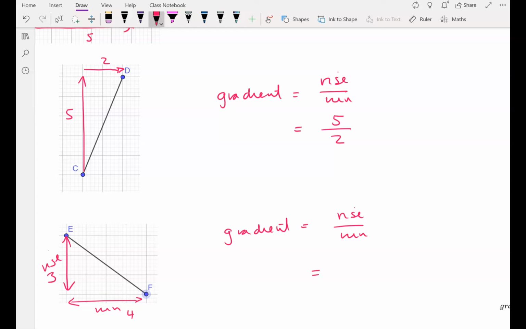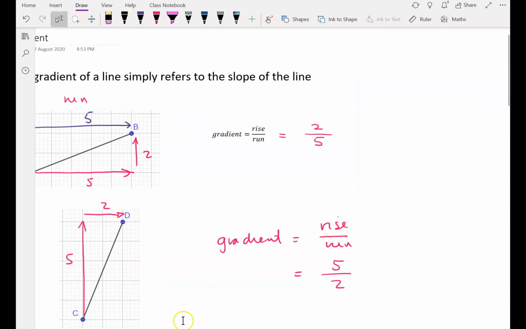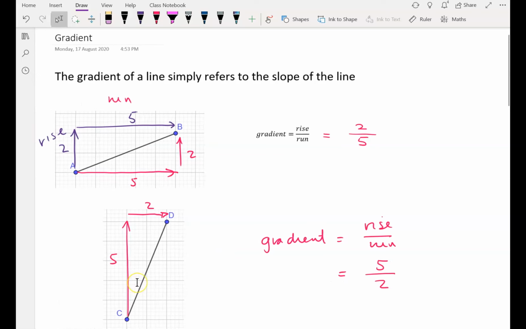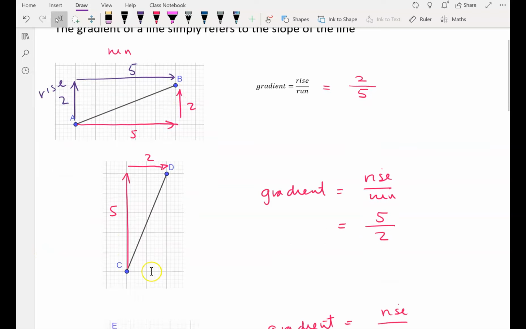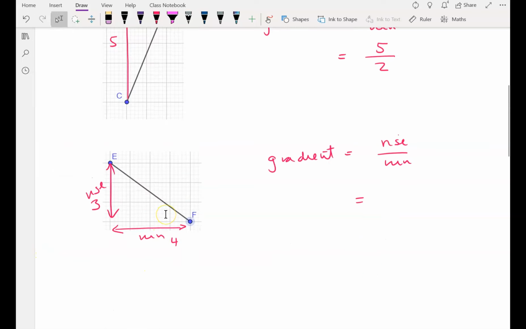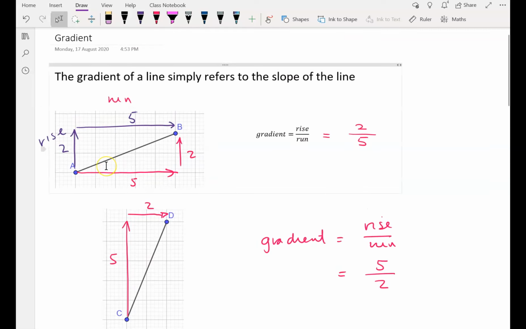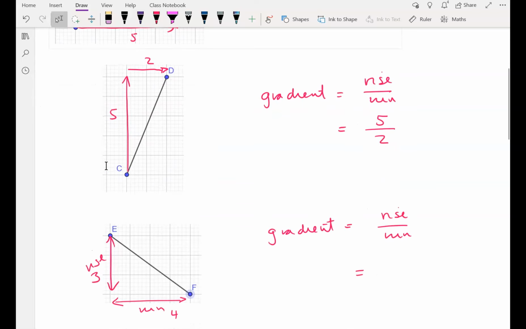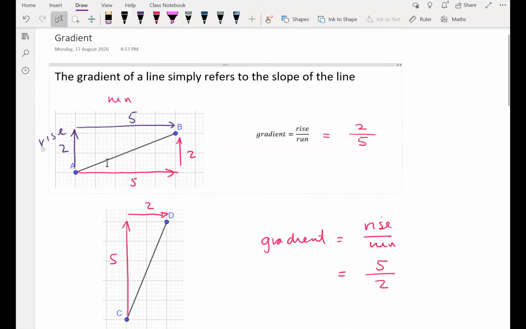Now, we do need to notice something quite significant here. These first 2 lines that we had were sloping from the bottom left to the top right, whereas this one does the opposite. It goes from the bottom right to the top left. And we need some way of distinguishing between these two. And we can.